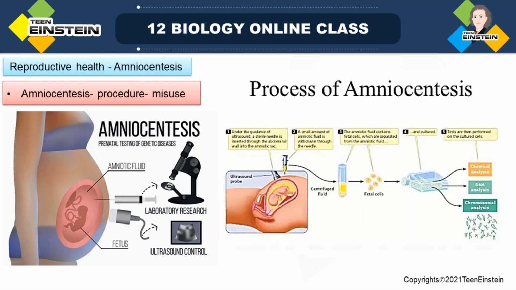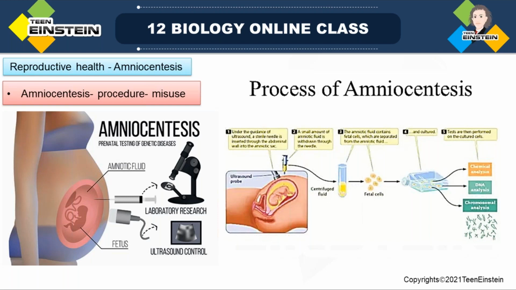A sample of that amniotic fluid is collected with the help of a needle which is inserted into the uterus through the abdomen, and this is guided with the help of an ultrasound system. Okay.